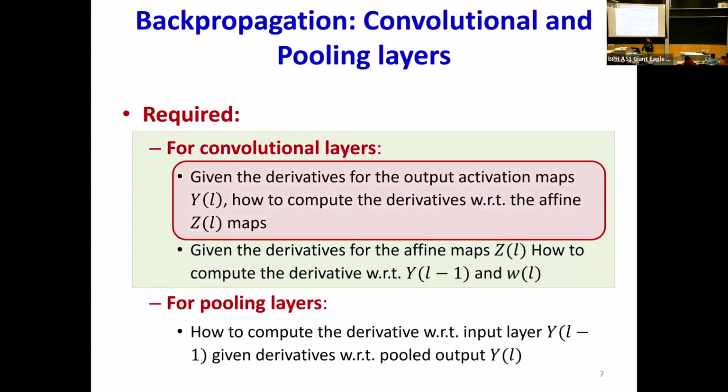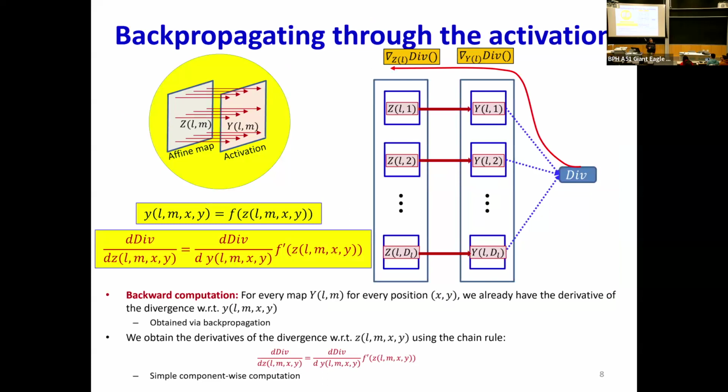If you want the derivatives, backpropagate the derivatives from the output activation maps to the affine maps, that was easy. We're backpropagating derivatives from y to z, and that was obtained simply by a pointwise update. You multiplied the derivative at each y by the derivative of the corresponding activation function that transformed the z to the y.